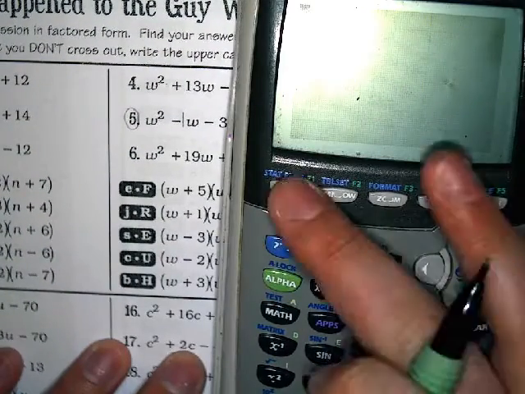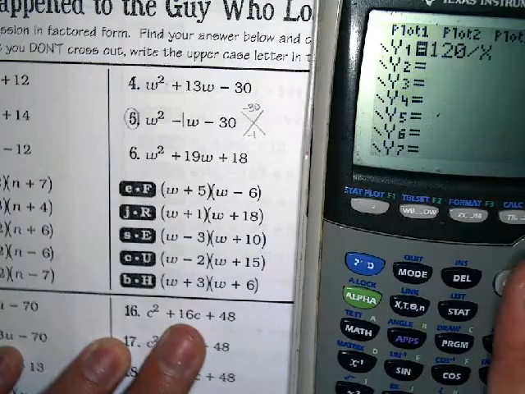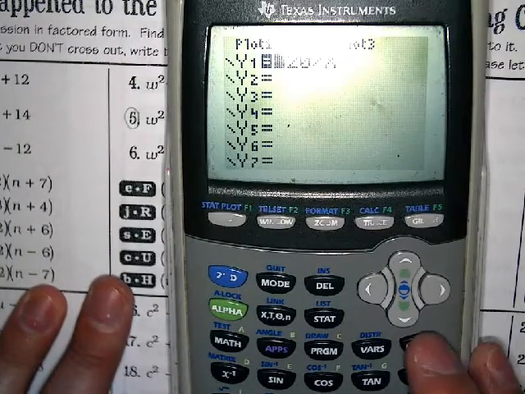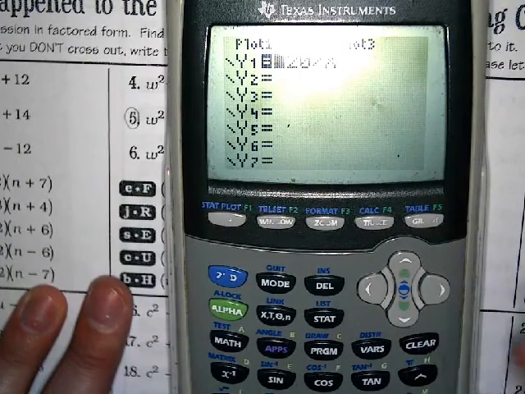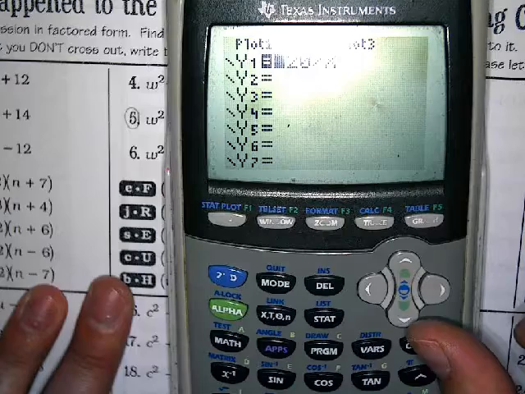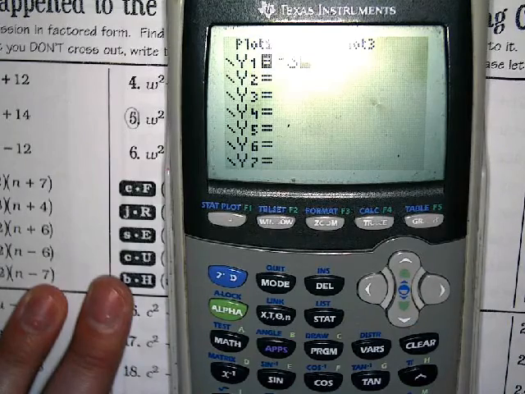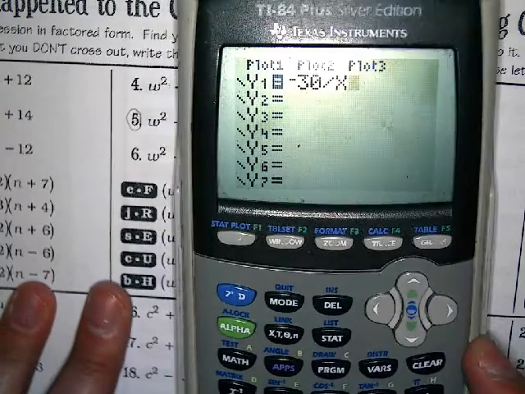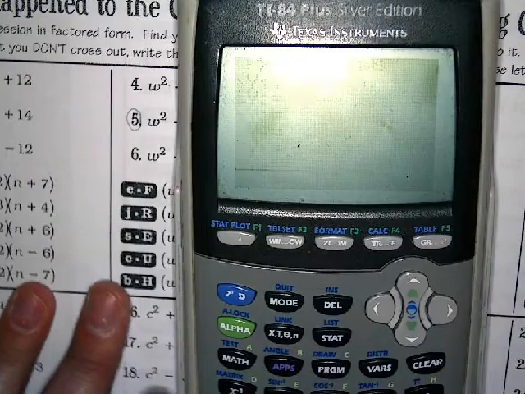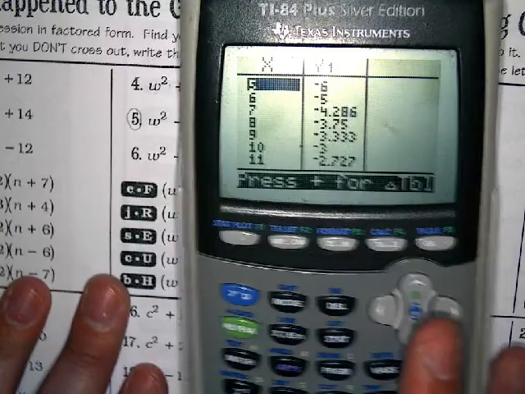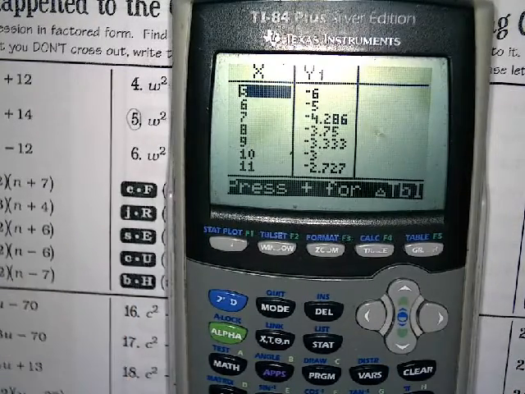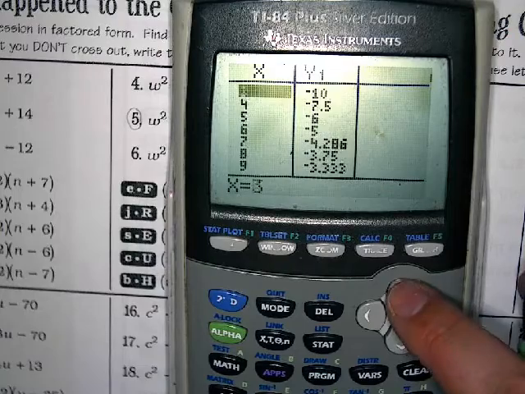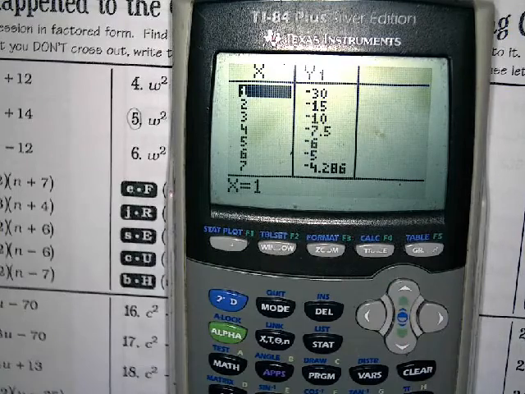So if I want to get rid of this, I can just hit the clear button right there underneath the down arrow. So I've got negative 30 divided by x. And then I can hit second graph. And so which of these options adds to negative 1?